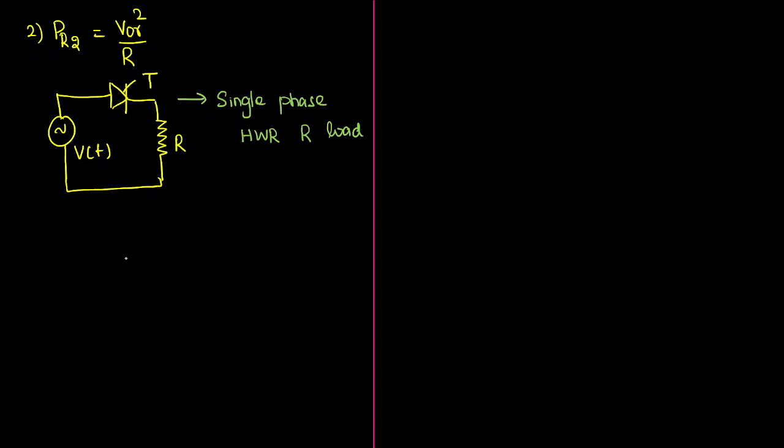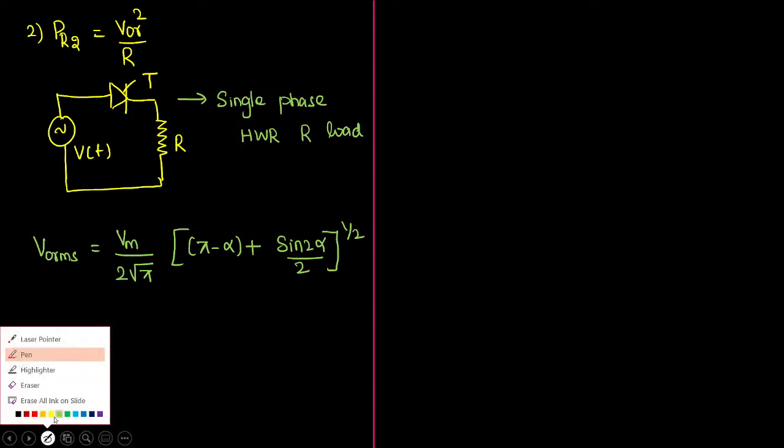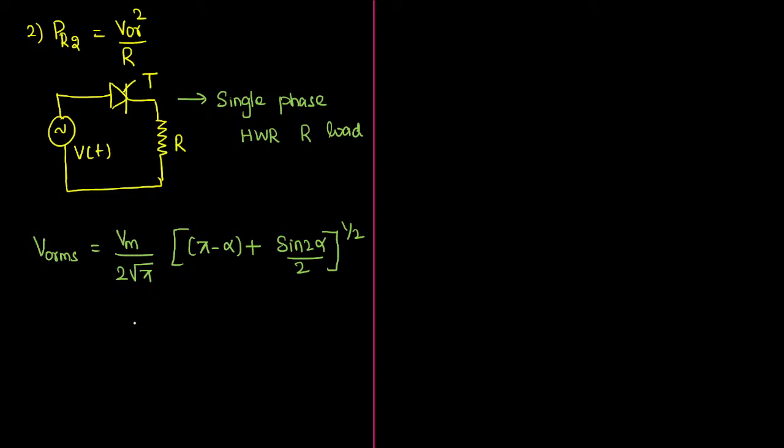For a single phase half wave rectifier with a resistive load, what is the formula to calculate V0 RMS? It is Vmax upon 2 root pi, times the square root of (pi minus alpha plus sine of 2 alpha by 2). This is the formula we use to calculate V0 RMS of a single phase half wave rectifier connected with a pure resistive load. I hope you all know this formula.